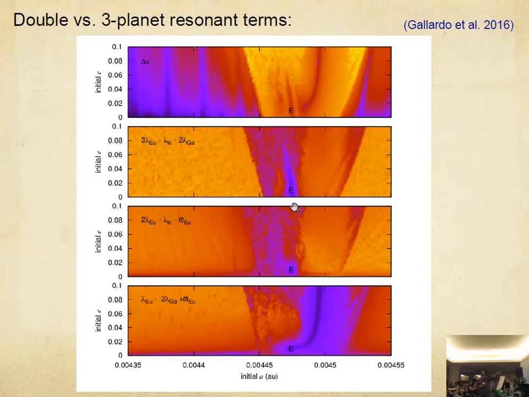This is a nice plot by Gallardo and collaborators from last year. So what they did is this is the first plot. Do I have time to explain this or not? Yes. Okay, so this is a dynamical map, eccentricity and semi-major axis of Europa. You're varying it, keeping Io and Ganymede fixed.